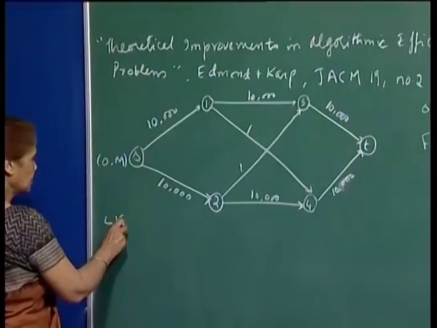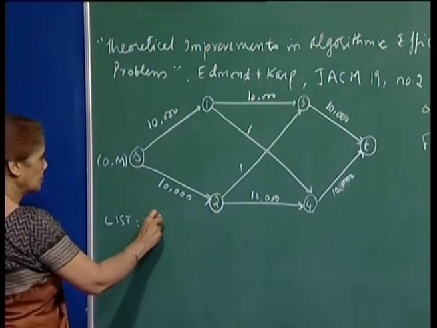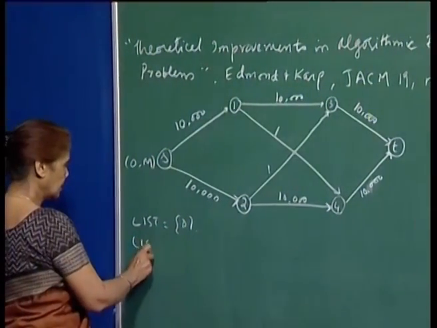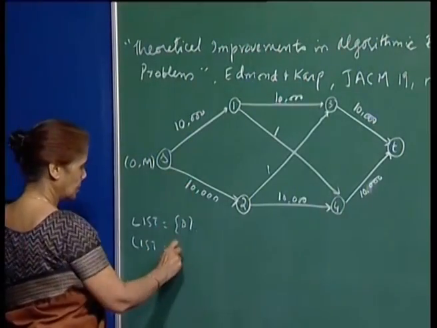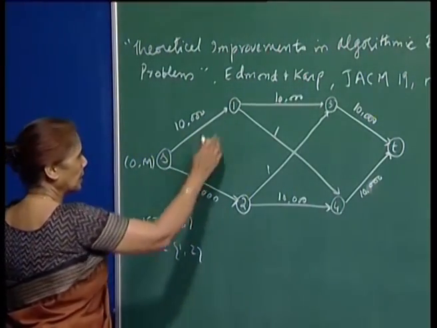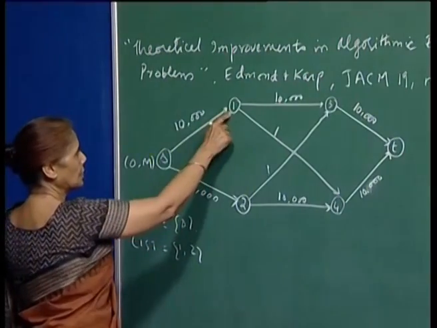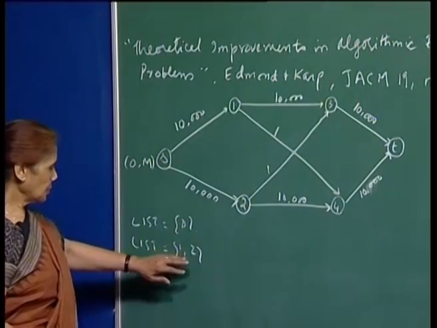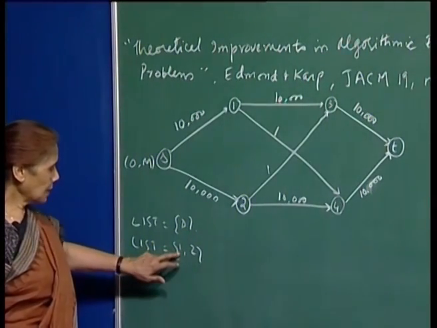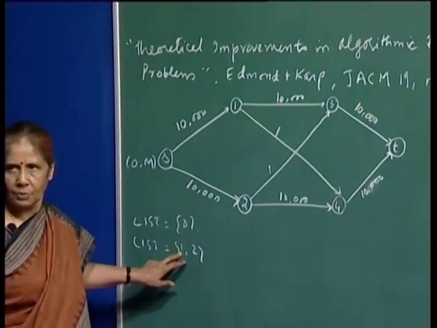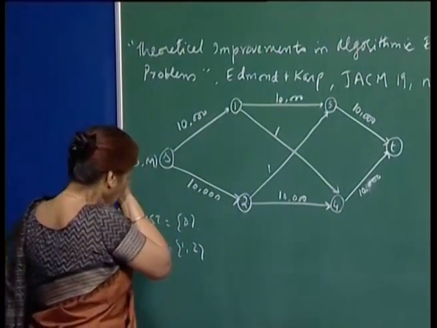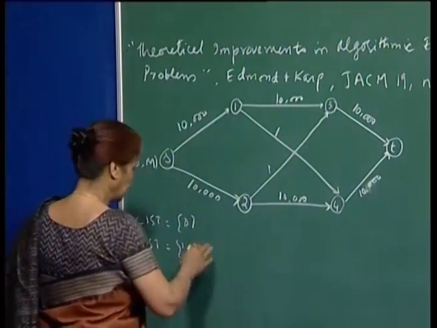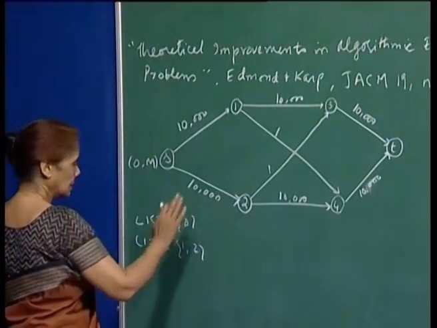So, you start with the list including node S, then when you scan S, your list will contain nodes 1 and 2, because from S you can go to 1, you can go to 2, since there is no flow in the network right now. Now when you say first in first out, I will take out node 1 for scanning. So, this is labeling 1 and 2.